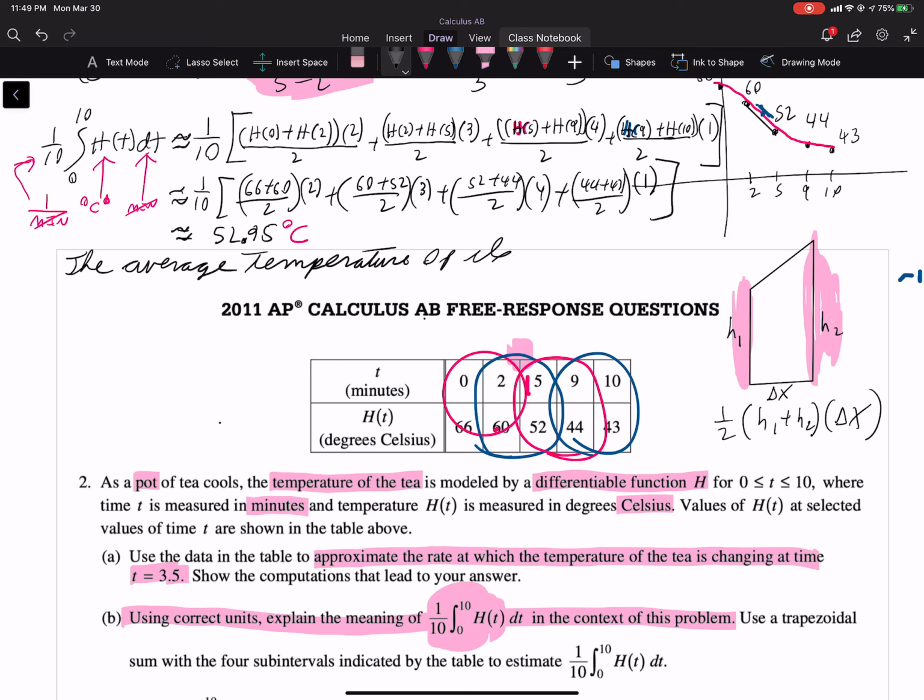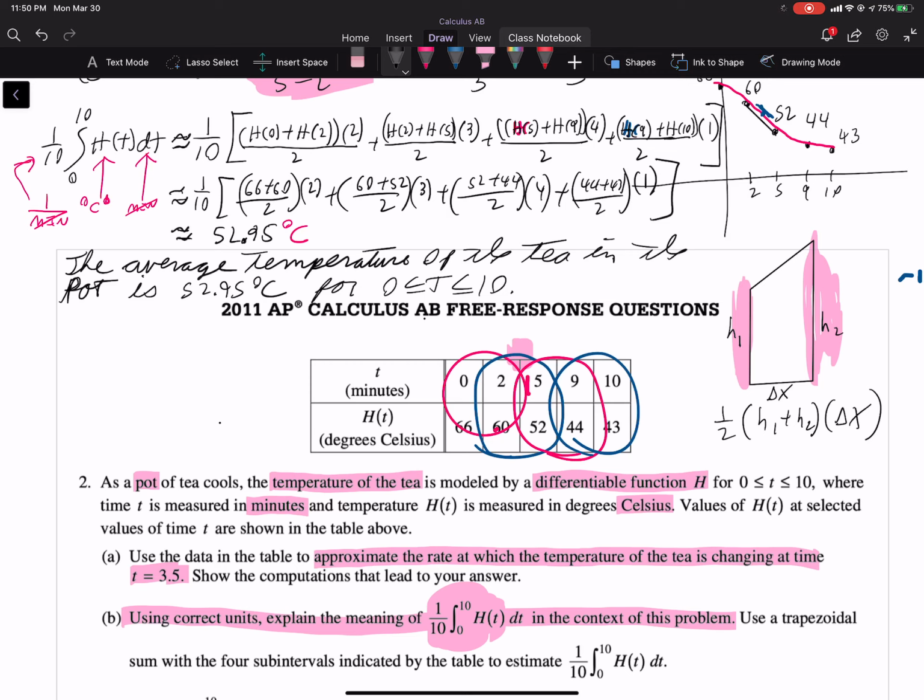of the tea in the pot is 52.95 degrees Celsius for t between 0 and 10.